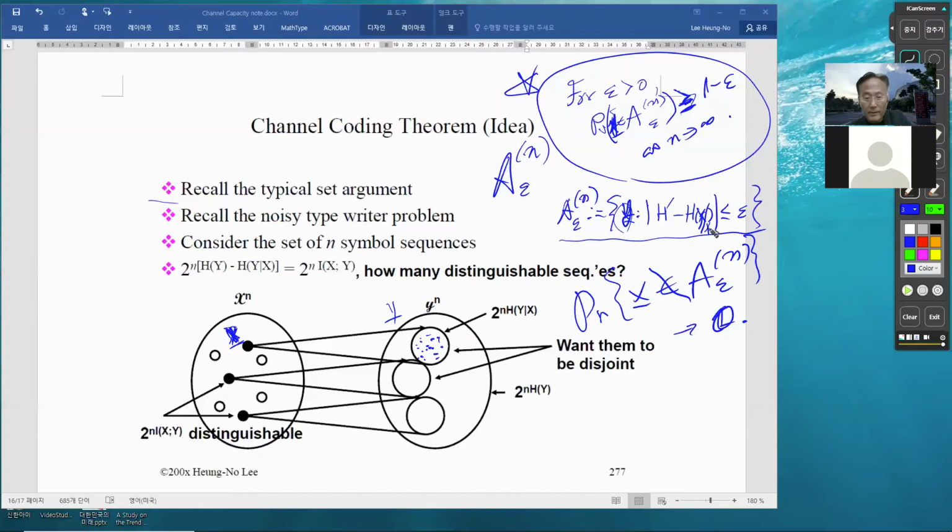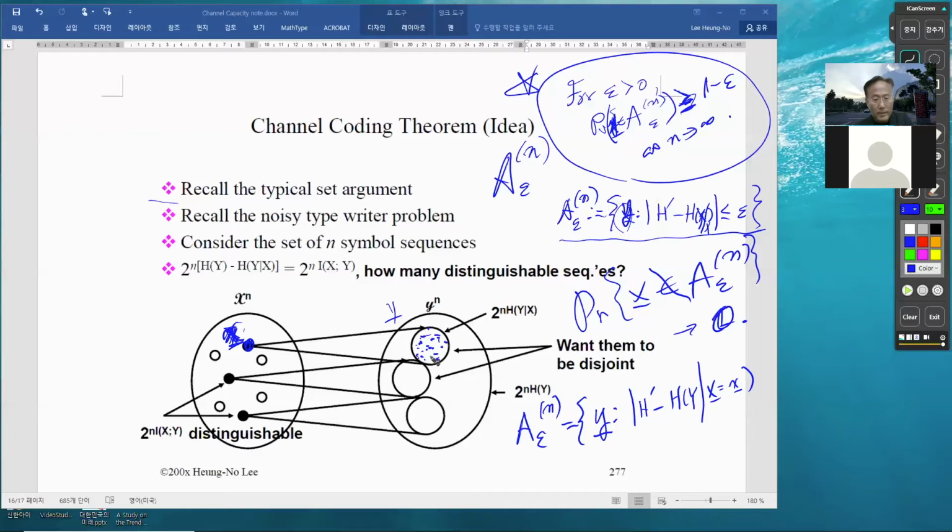So the typical set is defined to be the collection of all y's where the sample entropy minus the entropy of y given x equal to that particular vector you select is small.